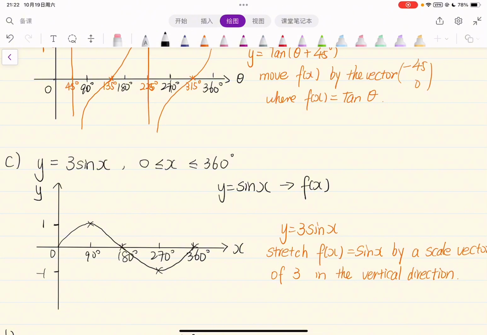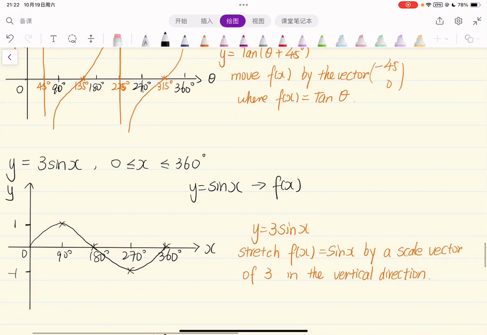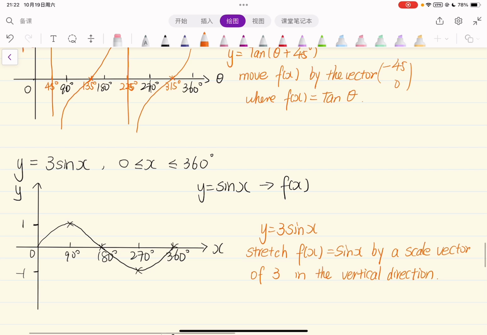So y equals 3 sine x stretches f(x) by a scale factor of 3 in the vertical direction. So we stretch the value of y by times 3.